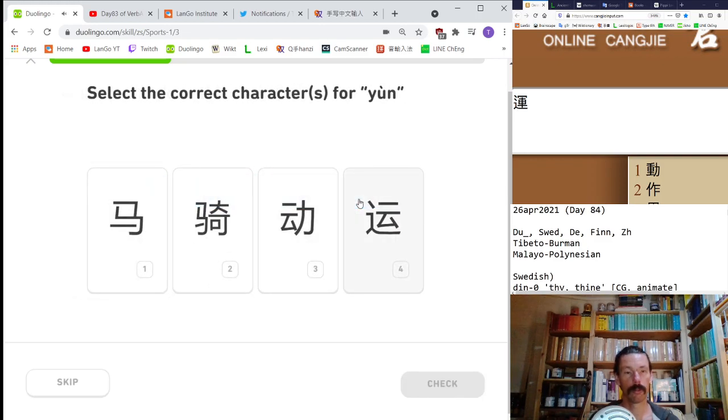So from left, 马, qi, 骑 ride, dong, 动, yun, 运. By the way, these two, 运动, mean sports in that order, and they share a simplified shape there.